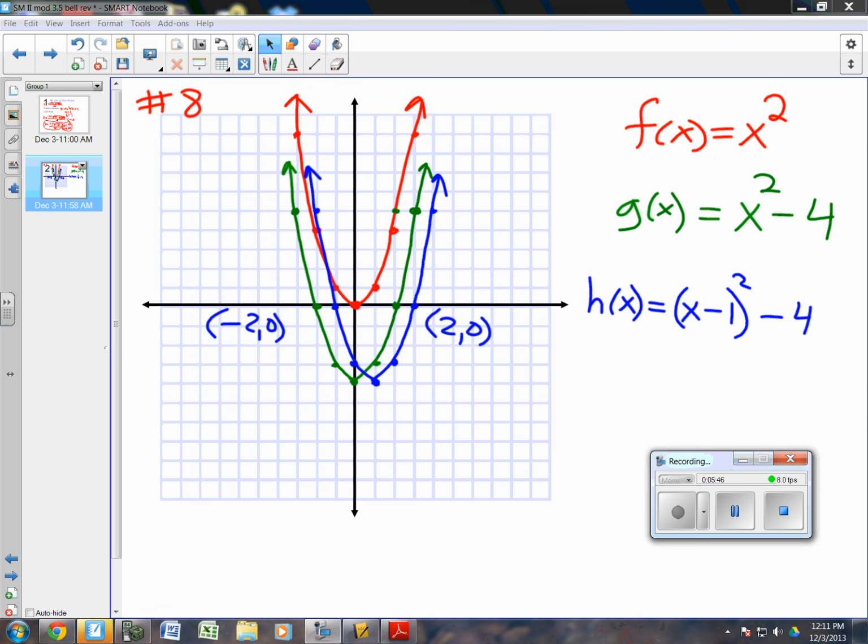What points is it in the red one? Say that again, Kyle. Here are the x-intercepts, 2, 0 and negative 2, 0. Notice it's 2 over and 4 up, 2 to the left and 4 up. So in the red one, 2, 4 and negative 2, 4 is the answer. Got that? For f of x, what about h of x?